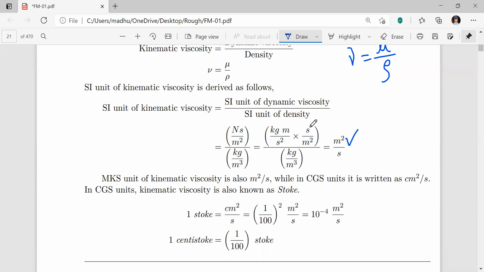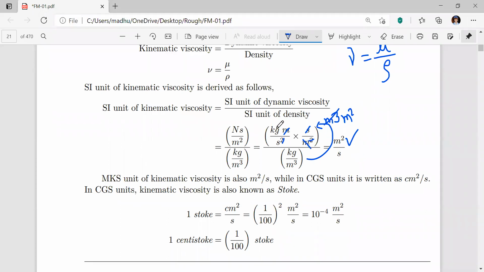Just 1 second will be cancelled. Here 1 meter and 1 meter will be cancelled. If you take this above, then it will be meter cube, so this meter cube will become meter square after cancelling one more meter.